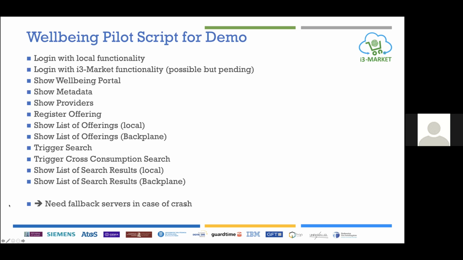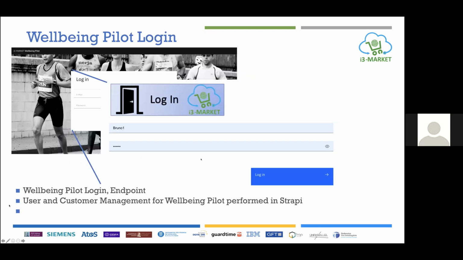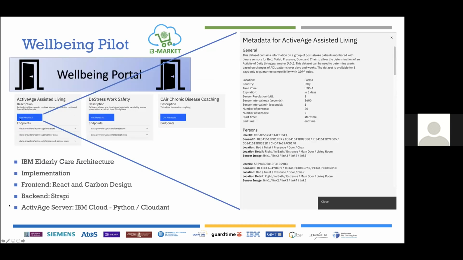And so that I added now just recently, we need some fallback servers in case of problems. So we can do the login for this Wellbeing portal front end, and then we get the portal. We can access the server for the data.